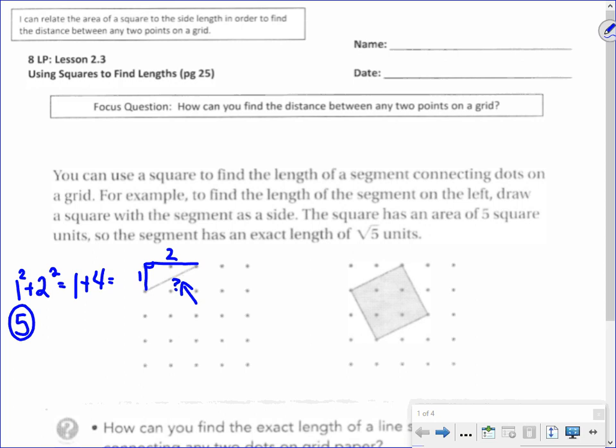So again, if I need to find the side, I square root 5. So the square root of 5 is your answer, or 2.2. So that side length, I'll draw it in green, right here, is this.